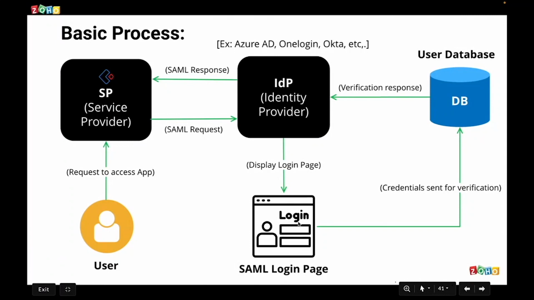And then this login page is going to get the credentials, and the credentials will be sent for verification for the user database or the Active Directory. So once the credentials are validated, the verification response is sent to the identity provider, where it verifies and sends a SAML response back to service provider creator. So this is where it verifies and authenticates, and the user will be allowed to access the application of Zoho Creator. So that's a basic process.